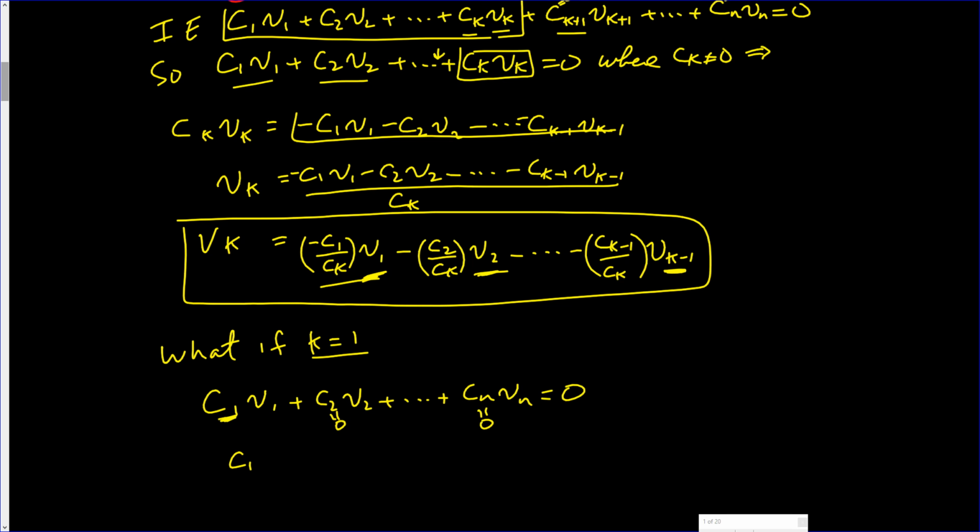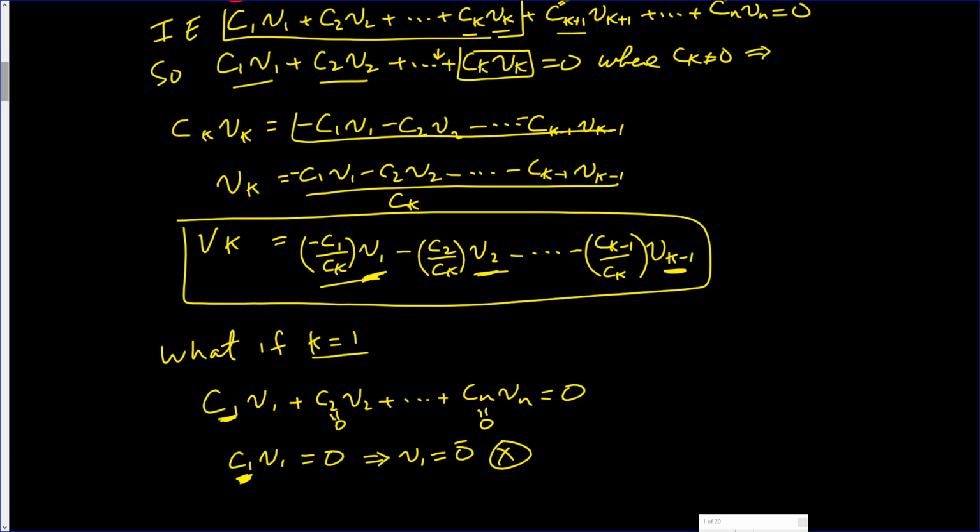So it must be that C1 V1 is 0, and C1 is not 0, since it's the last coefficient that wasn't 0. But that would imply that V1 is the 0 vector.